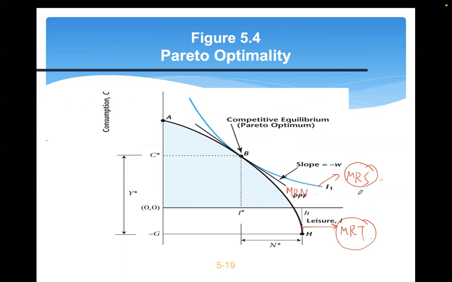Okay, so for Pareto optimal, we are going to focus on this and this. If these two are equal to each other, what does this mean? The marginal rate of transformation is the rate at which we can convert leisure into consumption goods. The marginal rate of substitution is the rate at which you are willing to substitute, or increase leisure for consumption.